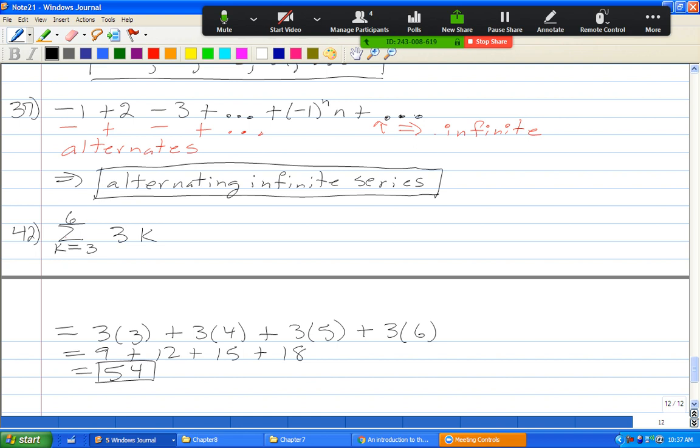Notice that in this case, your lower limit was 3. So your first term involved replacing k here by 3. Okay, good.